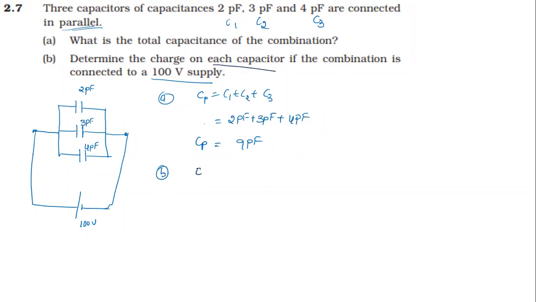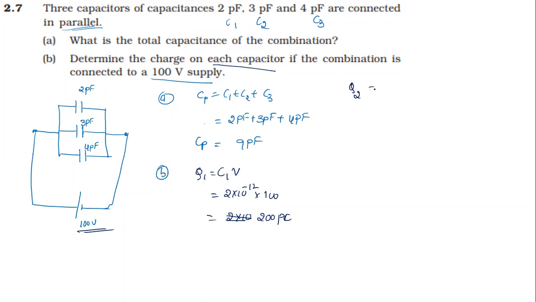I'll take directly Q1 equal to C1 into V. Charge on the first capacitor. C1 is 2 into 10 power minus 12, into voltage, which remains the same, 100. It will be 200 picocoulomb, Q1.